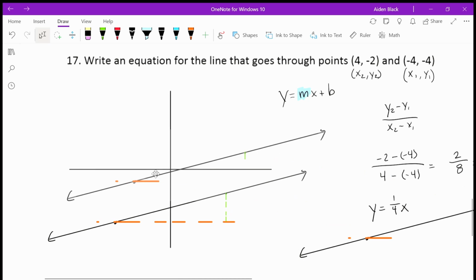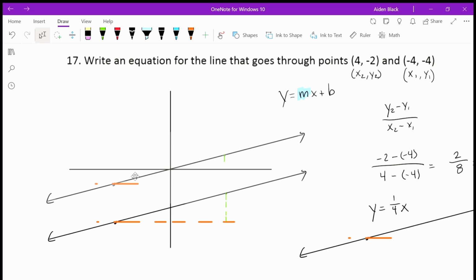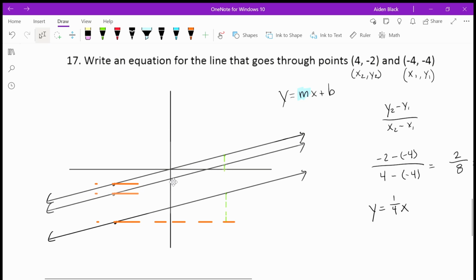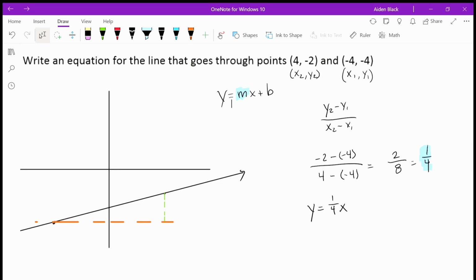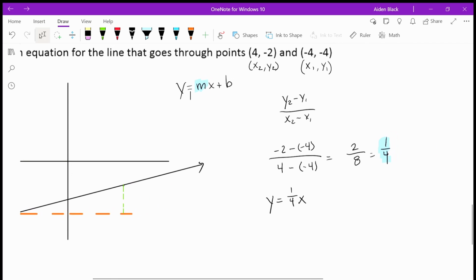But it would go through the center, the origin, because we have no b value, right? B would be equal to 0, so it would be right there. But ours is down 3, or down a certain amount. I don't know yet what it is, but it's down. So we're going to have a -b. We'll delete that. So just keeping that in mind while we work through this problem.